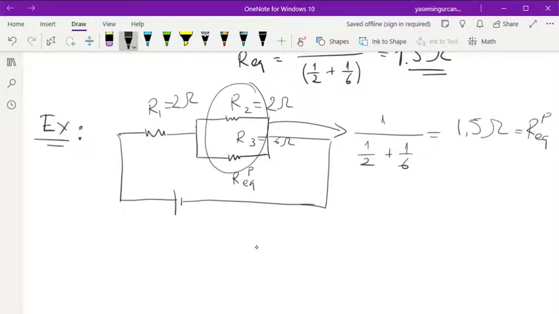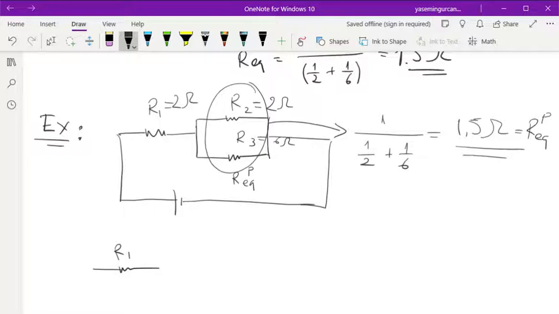If you redraw, that's my strategy in these kinds of questions. If you have multiple resistors, more than 2, connected in several different ways, what I do is take the smallest parallel part, find the equivalent resistance for that part, which I found to be 1.5 in this case, and then redraw the circuit. So what I have here is R1, which I didn't touch yet.